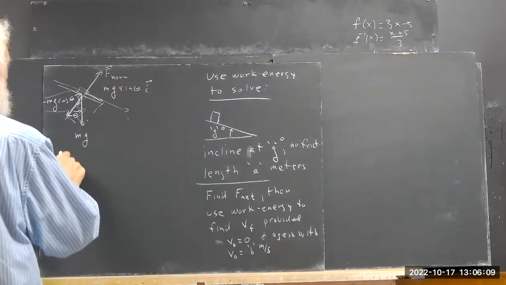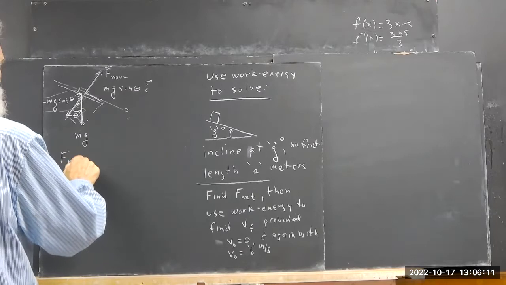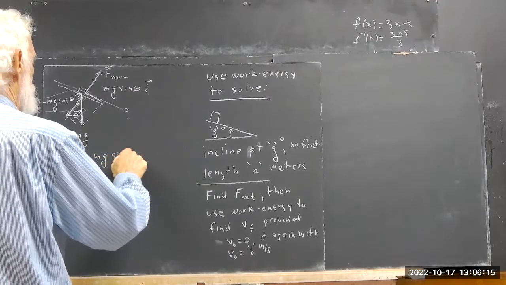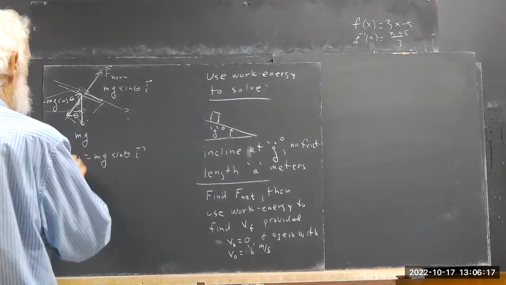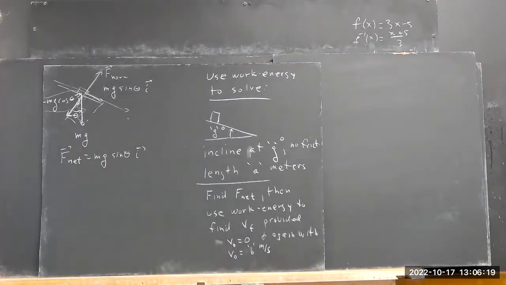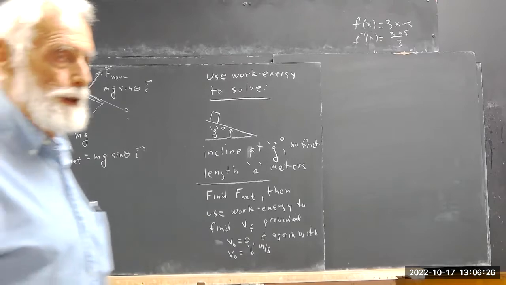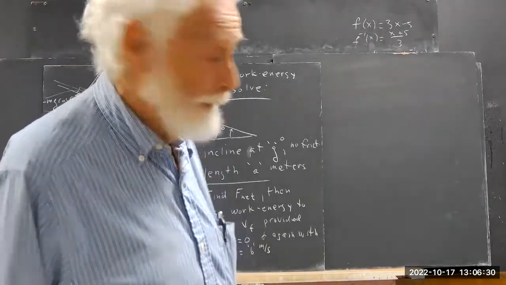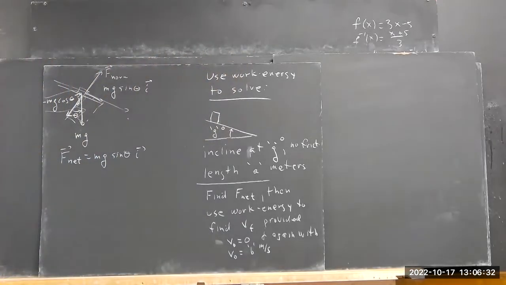And the net force is mg sine theta times your I vector. And I want you to use the I and J vectors. You just really need to get used to that, because pretty soon we're going to start using dot products and stuff like that, which you should know from the review.